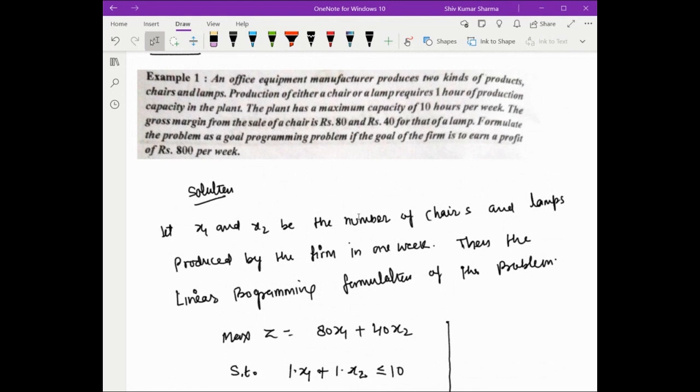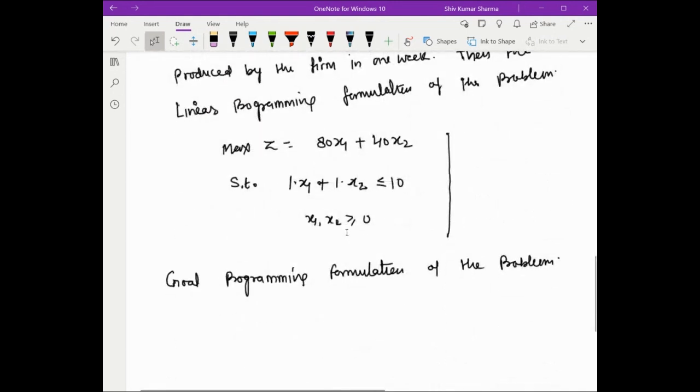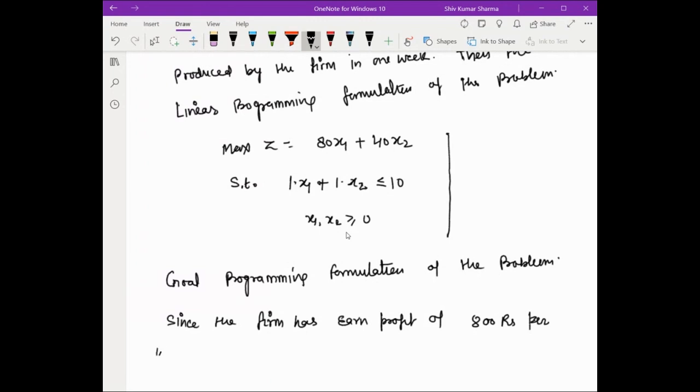So this is the goal of the firm, to earn a profit of 800 rupees per week.